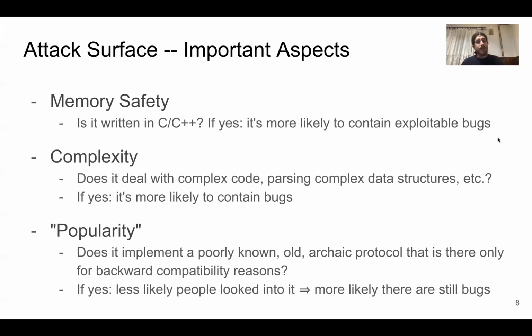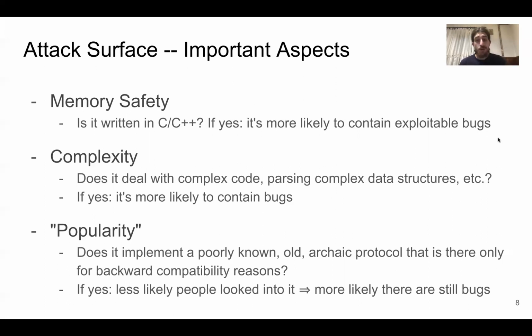Okay. Another interesting aspect that maybe you didn't think about is the popularity of the piece of code that you are trying to characterize in the attack surface. For example, does the piece of code implement a poorly known old archaic protocol that is there just for backward compatibility reasons? Believe it or not, if this is something poorly known, old, and just there from the past and people forgot about it, it's slightly more likely to contain bugs than code that is well known.